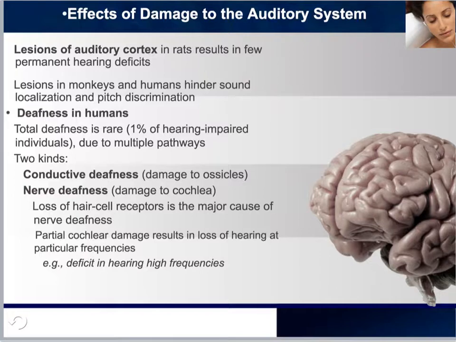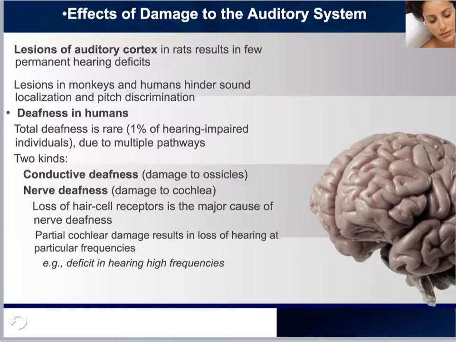In fact, when we look at deafness, total deafness is rare. Even among those that are hearing impaired, only 1% is completely deaf. And we believe that this is because of the multiple pathways that we see in the auditory cortex. So if you go back to the previous module, you may remember the parallel serial understanding, that this is what makes us resilient.